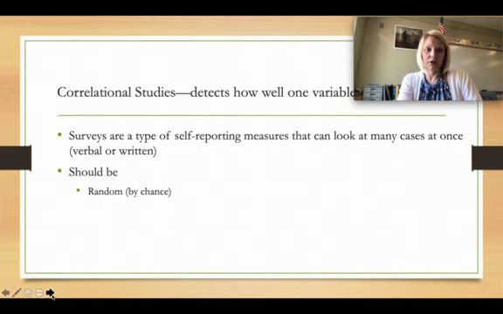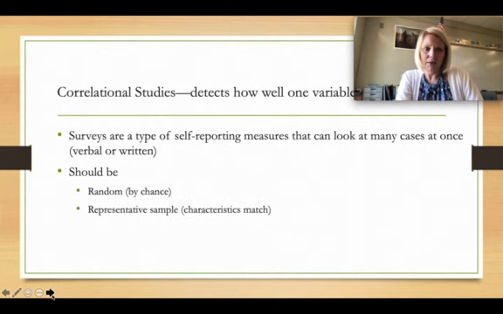They work. They should be, in fact, they must be random, by chance. It means the people that you want this survey to go to, it can't be only the ones you have in mind. It has to be completely random or by chance. It needs to be a good representative sample, which means the characteristics match.